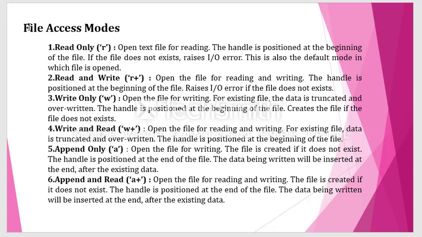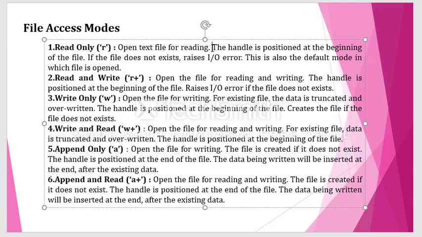So that is the concept: the second parameter in the open function. The open function accepts two arguments. One argument is the path of the file and the second argument is the mode in which the file has to be opened. There are 6 modes. R is for open, open for reading.